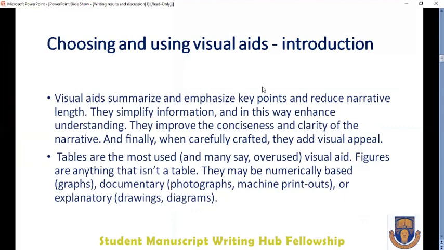So your pictures, bar charts, histograms, all forms of representation you have in your research work are your figures, and they must be attractive or appealing to your reader. You don't want to put a table or a figure that is so crowded that it does not pass a message, or a table that is so long and monotonous that persons looking at it cannot catch the message you're trying to pass across.